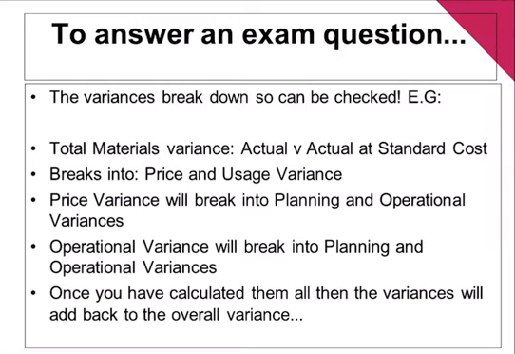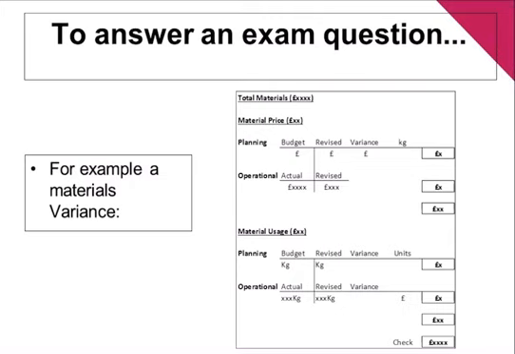Then you can break down into price and usage variance. The price variance will break down into a planning and operational variance, and the usage variance will break into a planning and operational variance. Once you've calculated them all, the variances will add back to the overall variance. It's going to look like that.